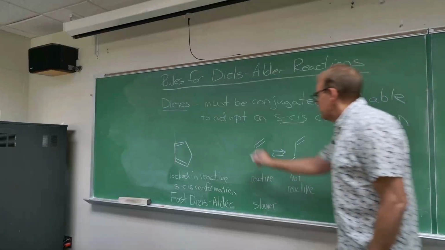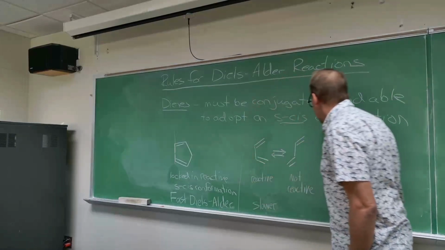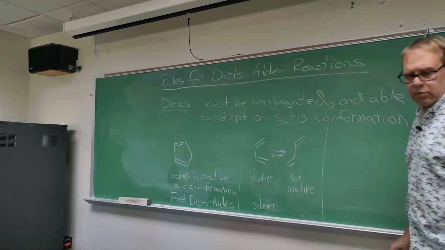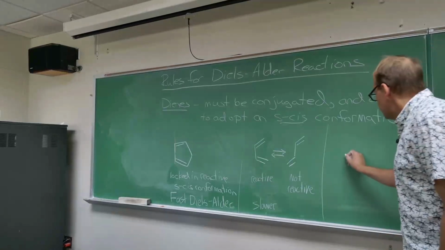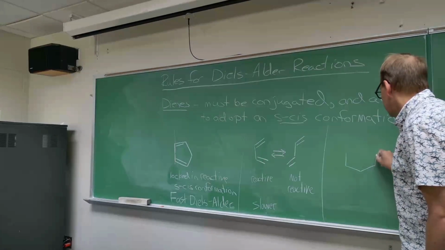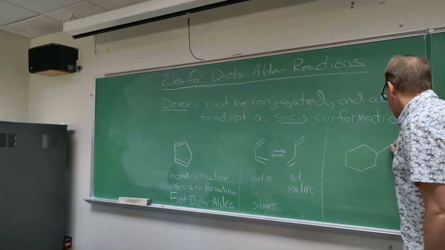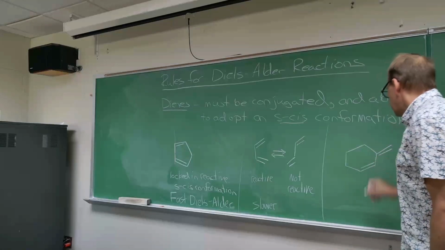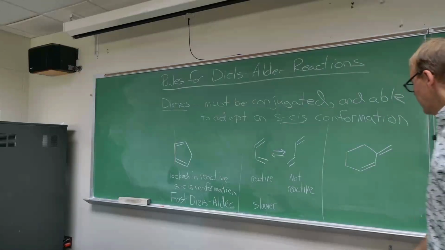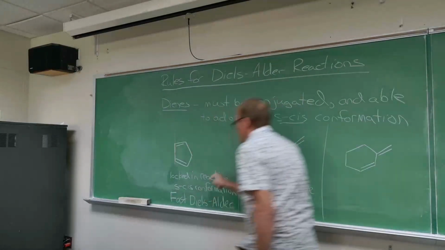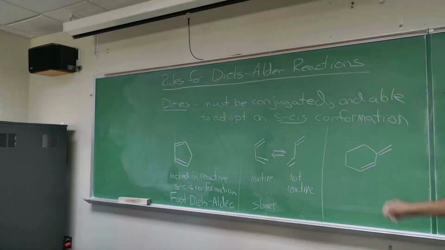And I'm just going to put a line here between these to make sure they don't blur together. There's a molecule like this. This is an example of one that is kind of the opposite of the one on the left.